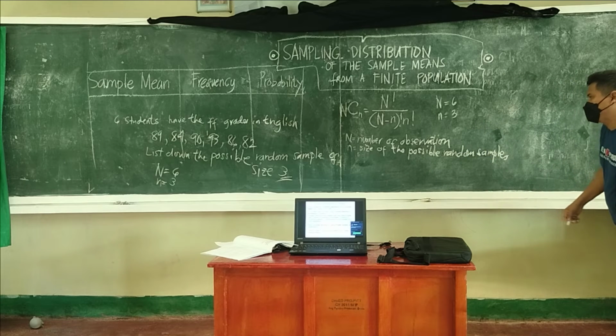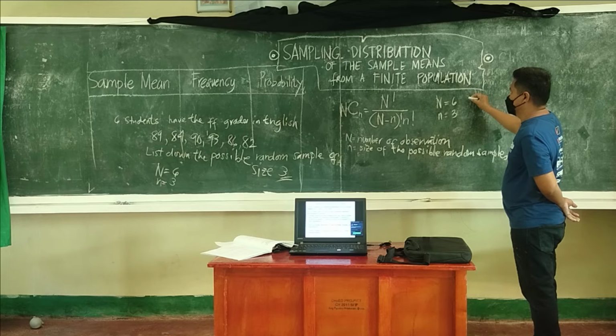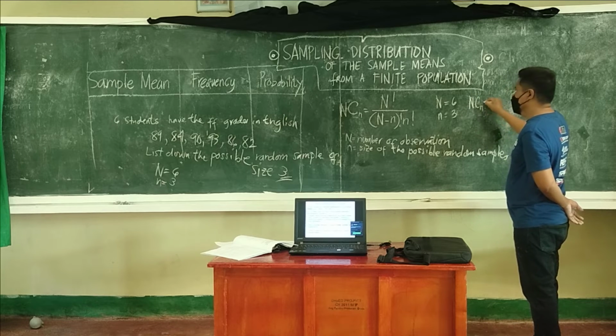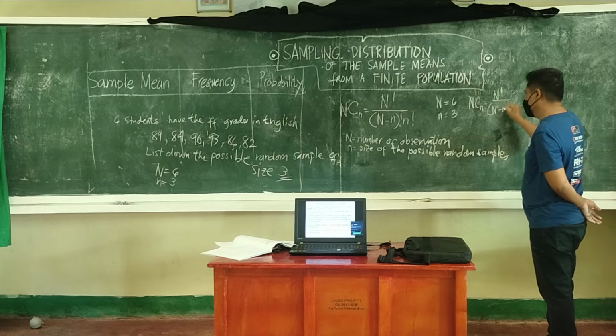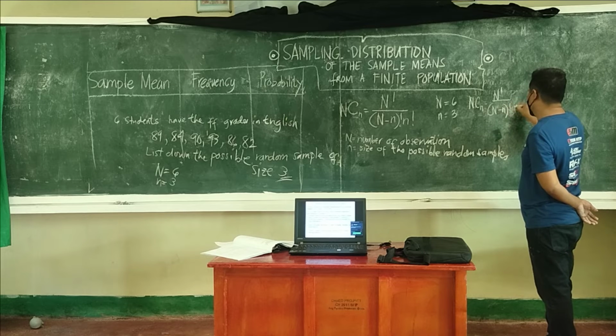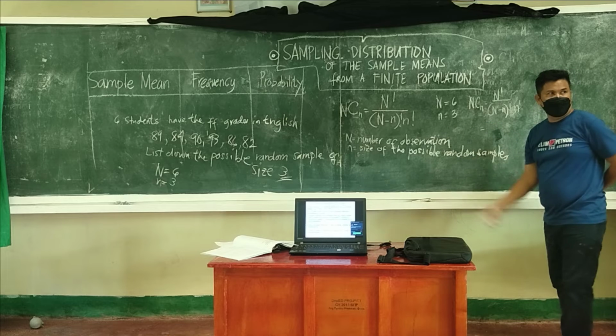So following that formula, we will have N C n is equal to N factorial divided by the quantity N minus n factorial times n factorial. So we substitute the given.